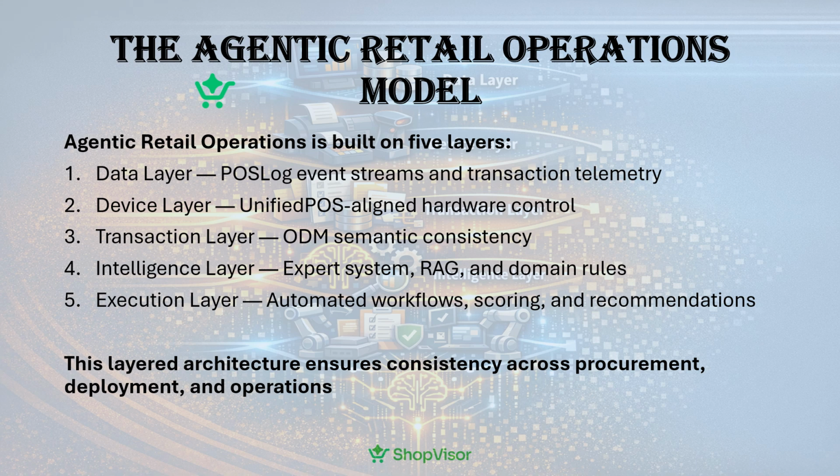At the intelligence layer, the expert systems, RAG, and the domain rules. And finally, at the execution layer, automation workflows, scoring, and recommendations are the output. This layered architecture ensures consistency across procurement, deployment, and operations.